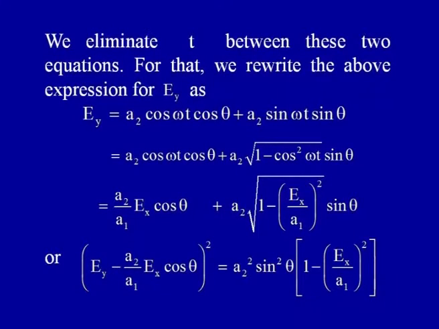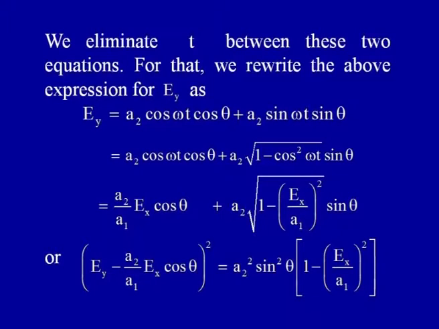This can be written as equal to A2 upon A1 times Ex cos theta plus A2 times square root of 1 minus Ex upon A1 squared times sin theta, or this means Ey minus A2 upon A1 Ex cos theta whole squared is equal to A2 squared sin square theta times 1 minus Ex upon A1 squared.